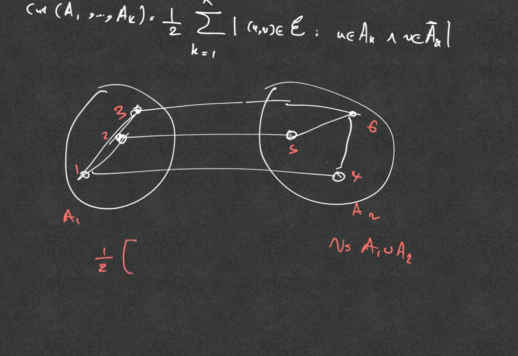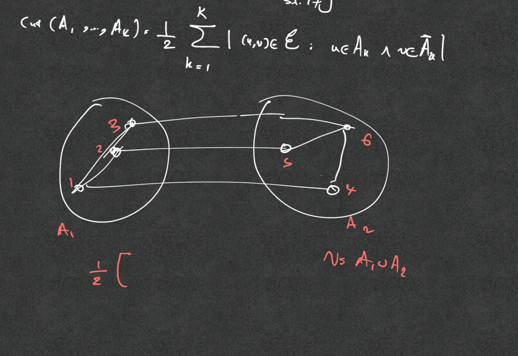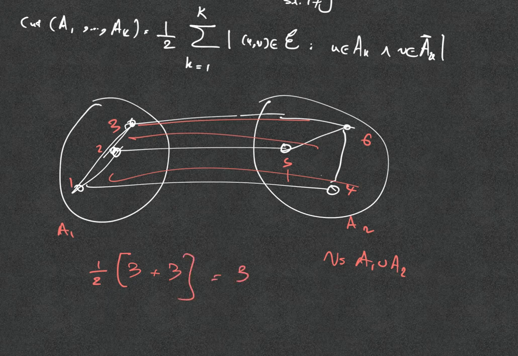So first, let's consider A1. What are the edges that belong to the set of edges starting in A1 and ending in the other one? So you can see that you have this, you have this, you have this. So basically you would have 3 here. You do that symmetrically for A2, you would have 3 there. So you have 3 as the cut of A1, A2.